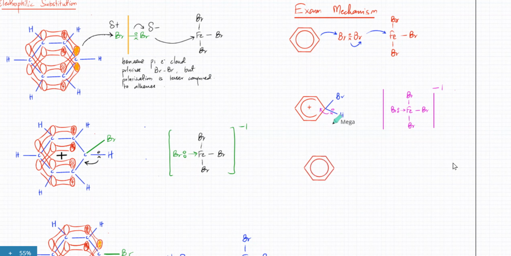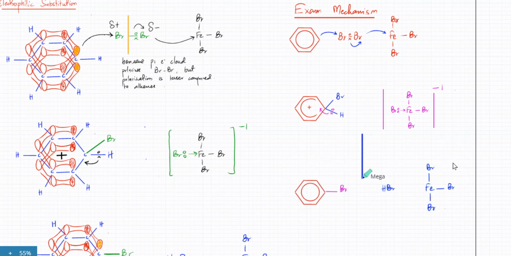The H is gone, leaving only Br there. And what else is formed? HBr is formed. And the next thing that's formed is FeBr3 is formed back again. So you'll have your FeBr3 back again. And let me put arrows. So remember 2 steps.